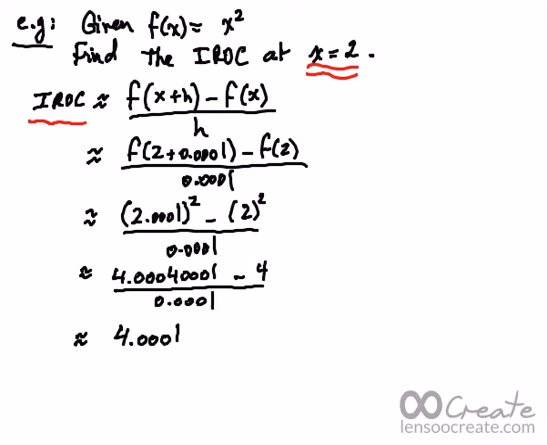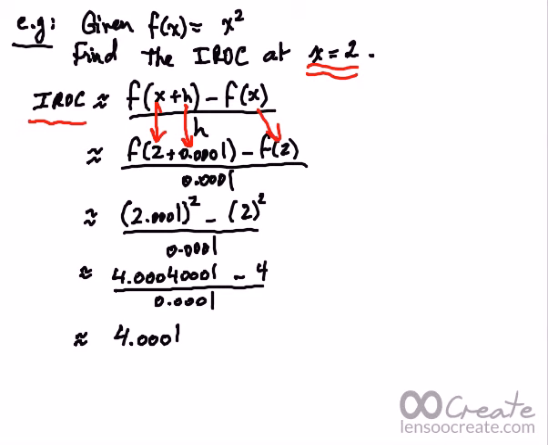So we're going to use that equation, the approximation. The IROC is approximately equal to f of x plus h minus f of x over h. x is given to be 2, so we replace x by 2 in these two expressions. And h is 0.0001, so both h values get replaced by 0.0001. Again, the function is the square of the value. So whatever the x is, we're going to square it.